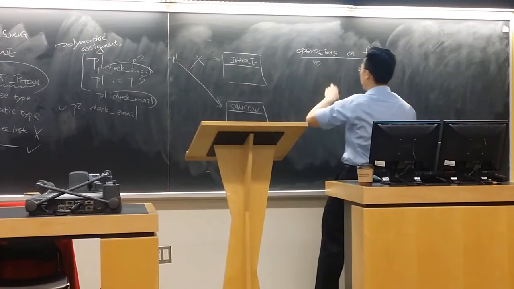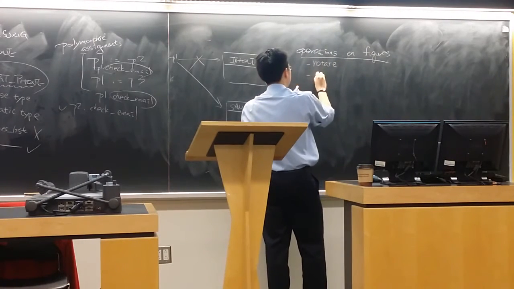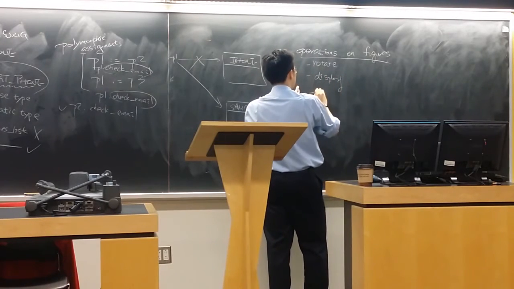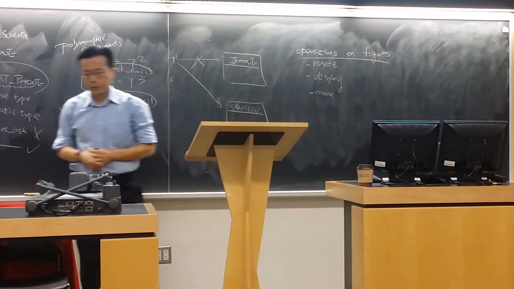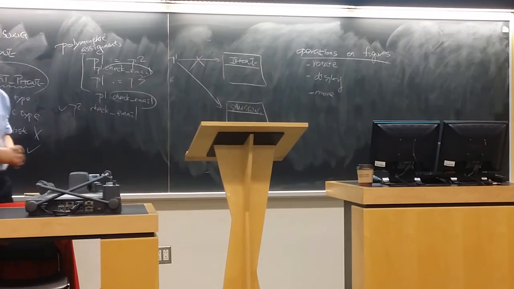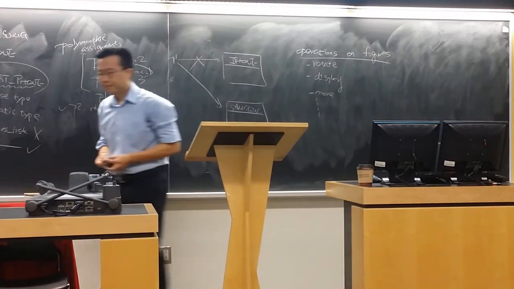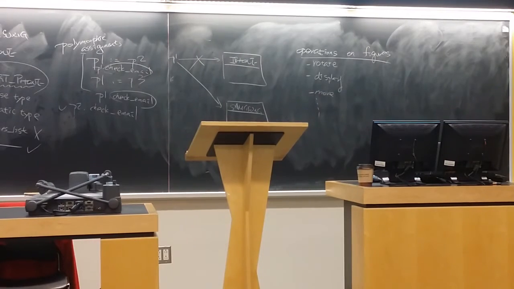For example, rotate is one example there. Also, you can display. You can also move your figures, or you have different operations you might perform geometrically. So now my question is, what do you see as a problem here?